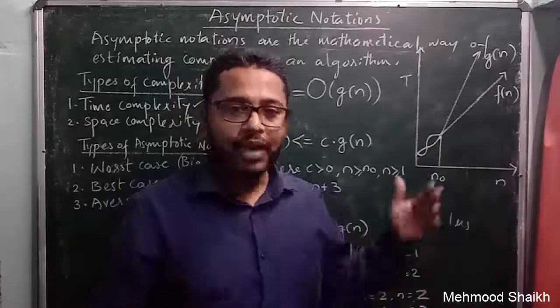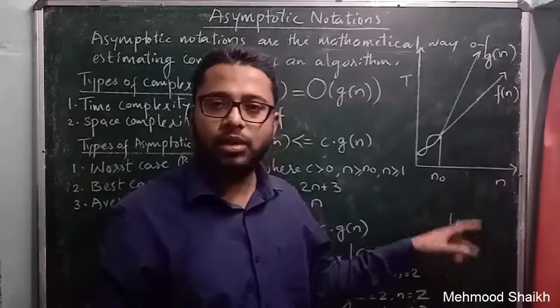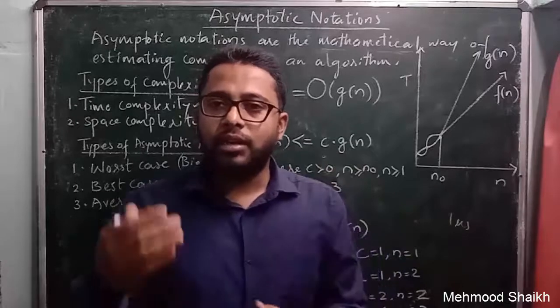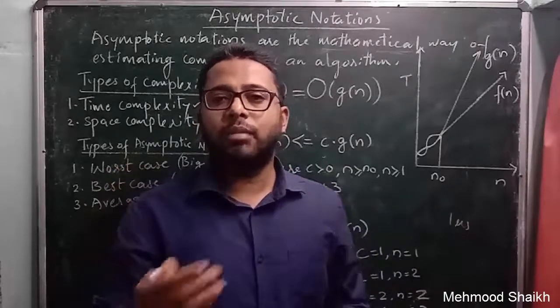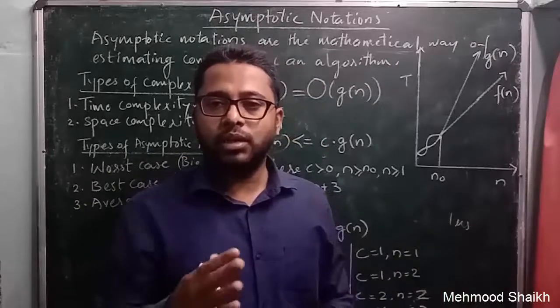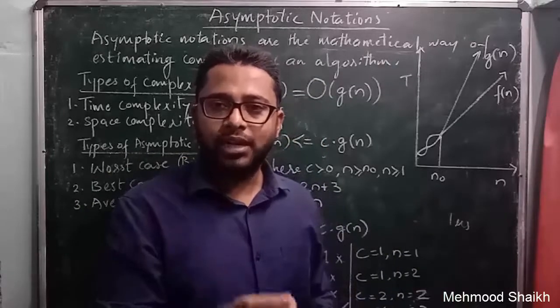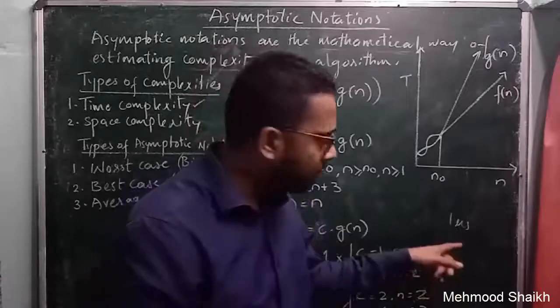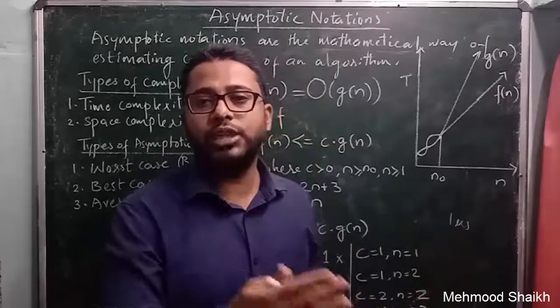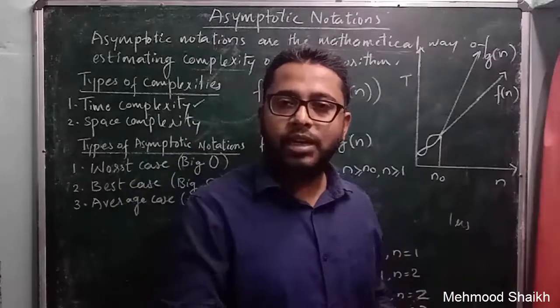My system may take 1 microsecond to execute those lines of the algorithm, and your system might take even less time to execute the same algorithm. So the time estimated in microseconds and nanoseconds varies from machine to machine, and we get variations in time.